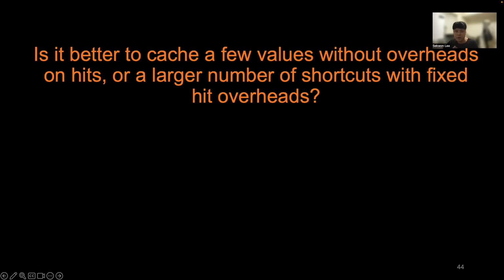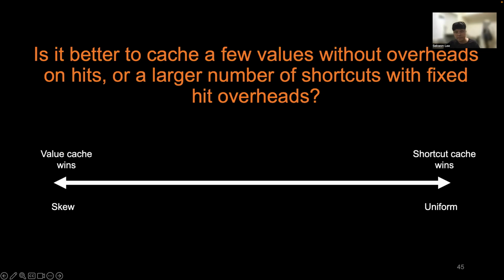This can raise the following question. Is it better to cache a few values with no overhead on caches, or a larger number of shortcuts with fixed hit overheads? The answer is simple in extreme cases. In highly skewed workload, storing value is better.